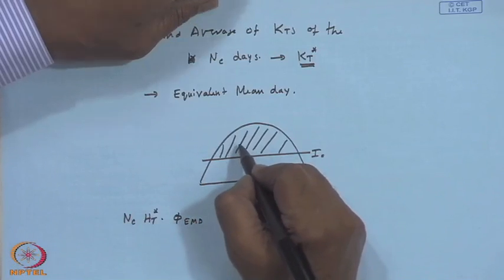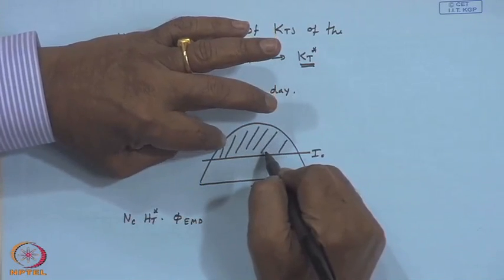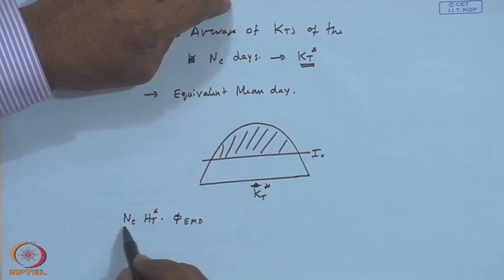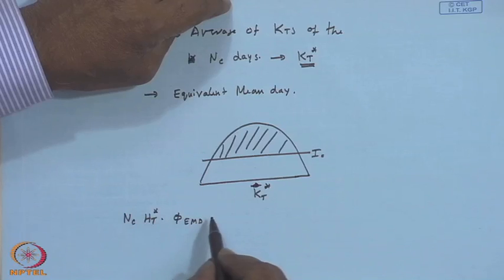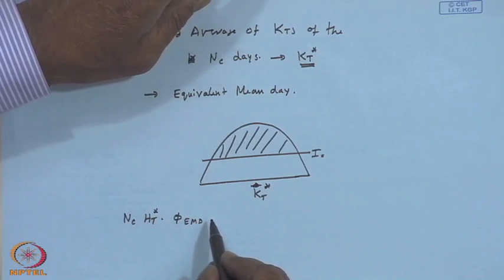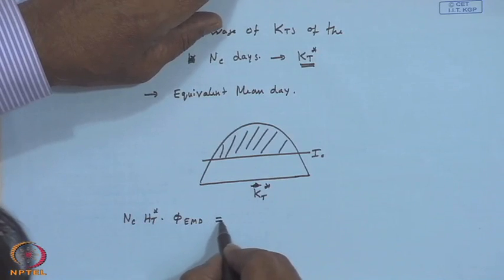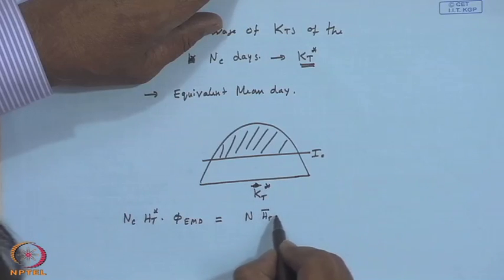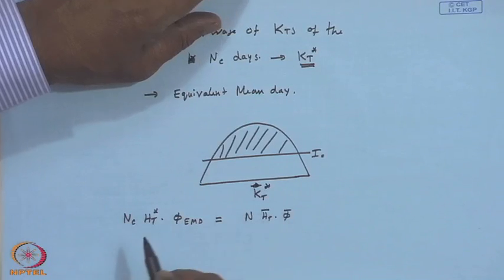Somehow I calculate for a single day's equivalent mean day utilizability, that multiplied by the solar radiation multiplied by the number of contributing days is the energy contributed, right. So, this should be equal to all the days times HT bar multiplied by phi bar.